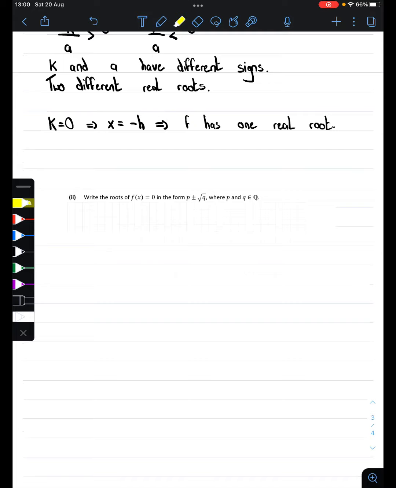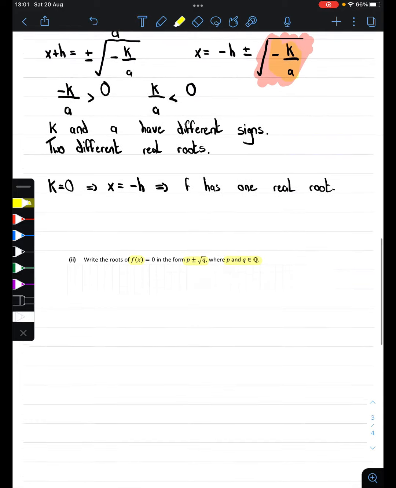Write the roots of f of x in the form p plus or minus the square root of q, where p and q are rational numbers.